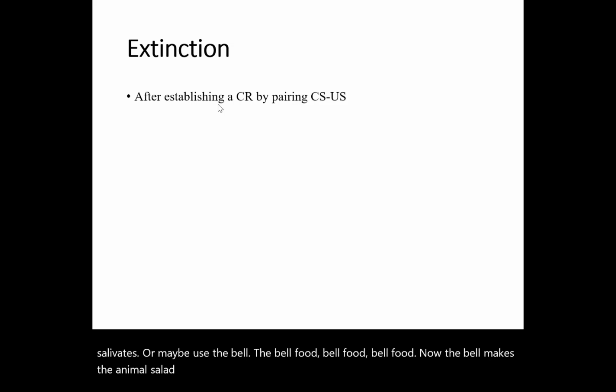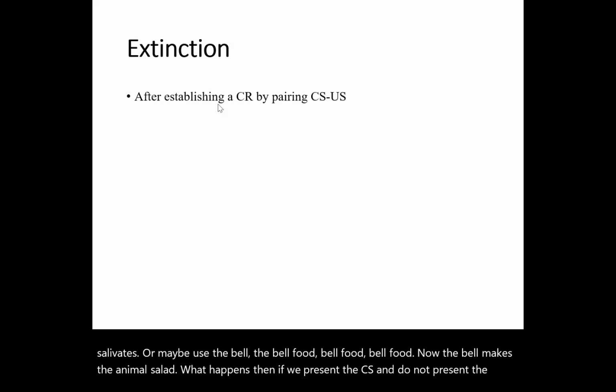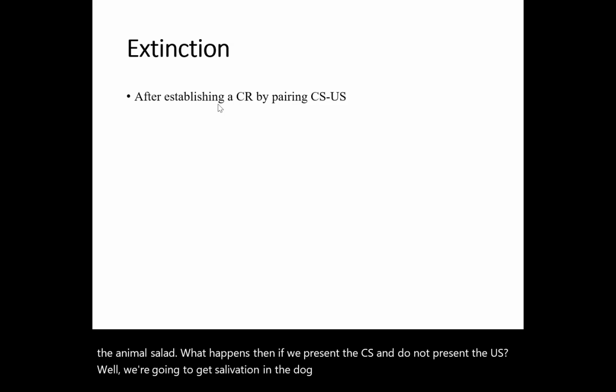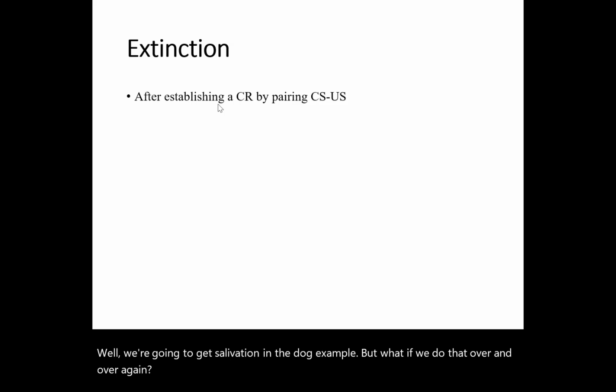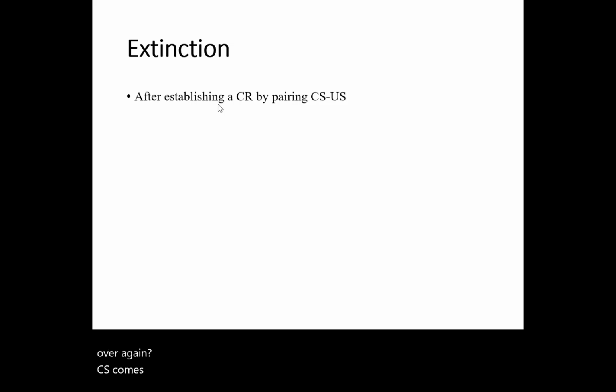What happens then if we present the CS and do not present the US? Well, we're going to get salivation in the dog example. But what if we do that over and over again? CS comes on, nothing follows. CS comes on, nothing follows. This is a procedure called extinction.